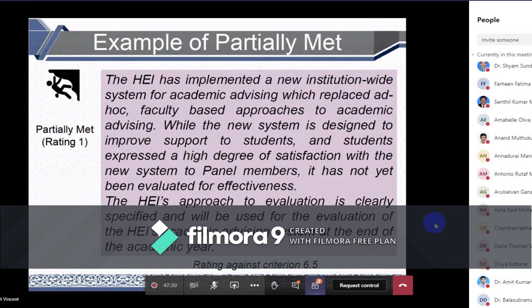So in that case, we will be partially meeting the requirement. There is a process, a mechanism, and a plan for how it is going to be evaluated, but we have not evaluated it for effectiveness. Then we are going to say that the criterion is partially met with a rating of 1.